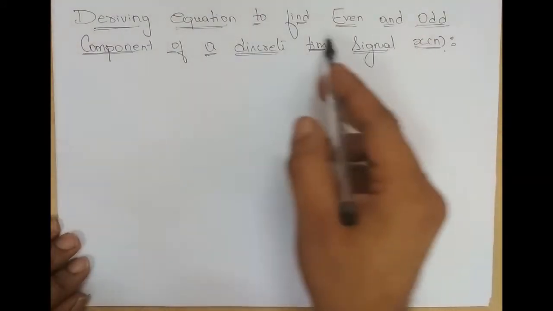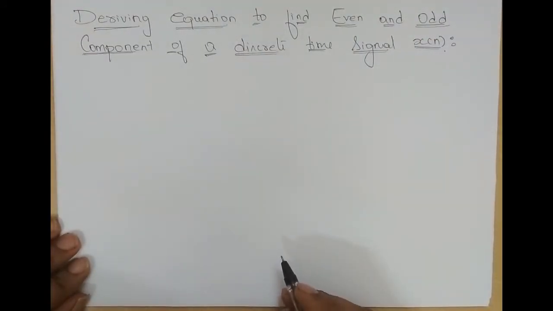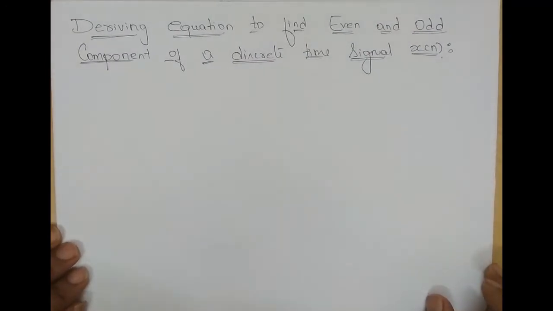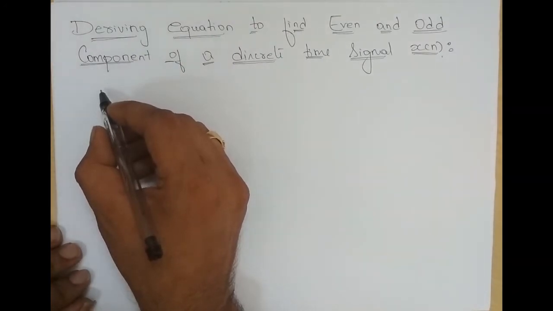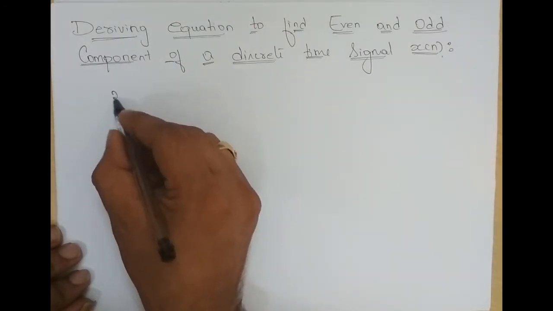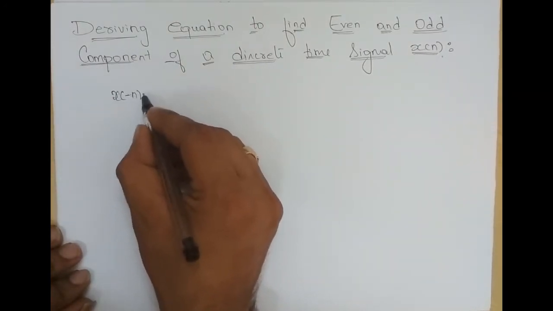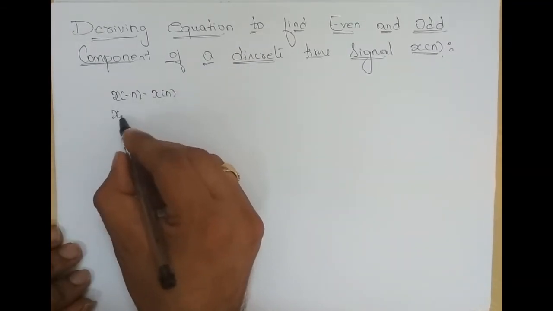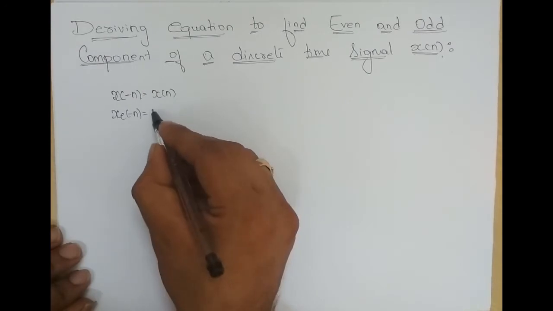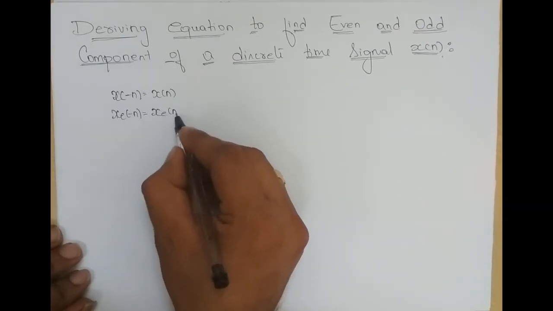Now deriving the equation to find the even and odd component of a discrete time signal x of n. This is the same as what we did for continuous time. What is the condition for a signal to be even? X of minus n is equal to x of n. So I can write it as xe of minus n is equal to xe of n, right?